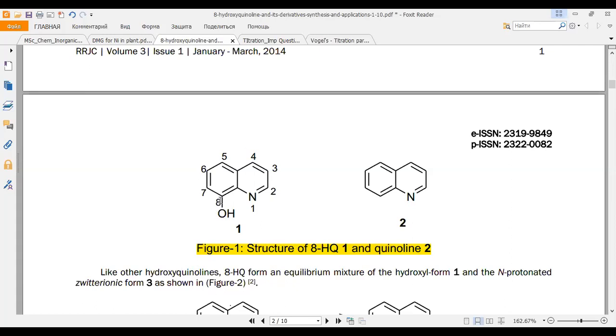The ring with 5, 6, 7, 8, that is phenol. Remember, these 2 carbons are shared by both rings, that is fused. These are fused rings, sharing the part. And the second, the right side with the nitrogen in it, is the pyridine. So it is fused between phenol and pyridine, and the phenol hydroxide group is in the 8th position.